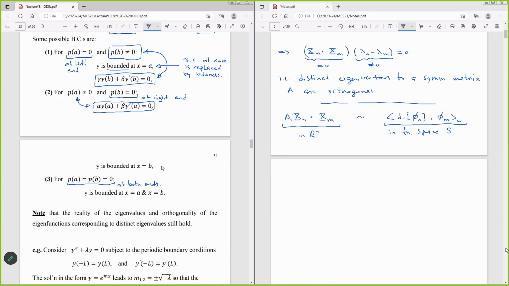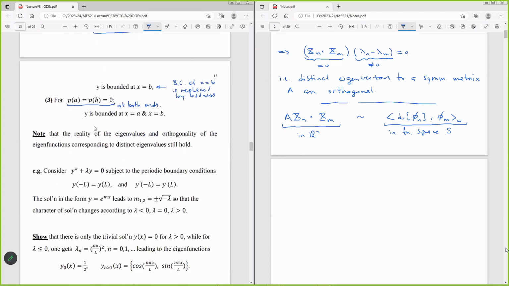But at B, the BC at x equals B is replaced by boundedness again. Now, what happens if you have both vanishing? Then you don't have any specific BC. We don't have anything, just boundedness.